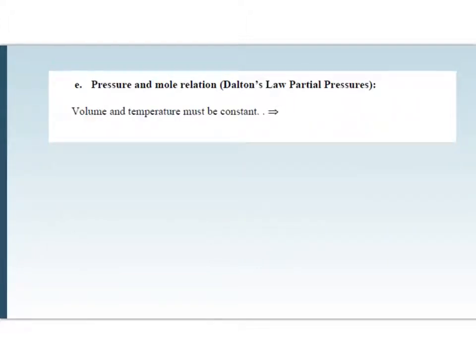Pressure and mole relation, this is known as Dalton's law of partial pressure. In this case, volume and temperature must be constant. Now here is the meaning of this law. For example, you have a closed container. You have 2 moles of X gas here and 3 moles of Y gas here. Let's say that this X gas exerts a pressure of 4 atm.